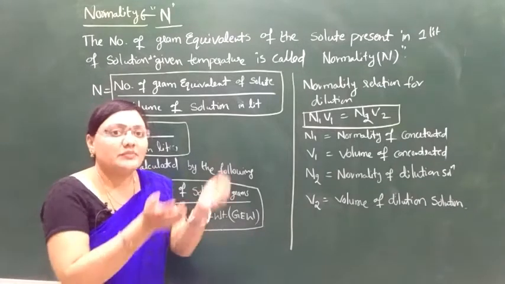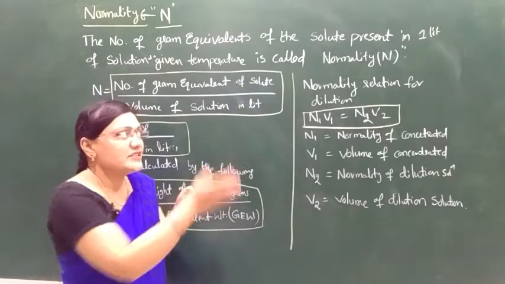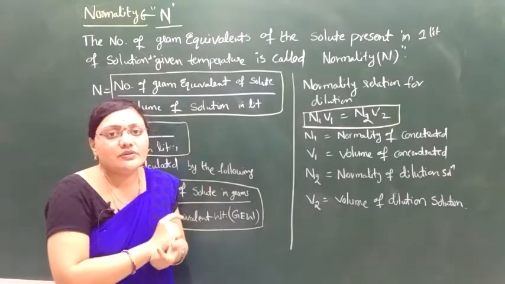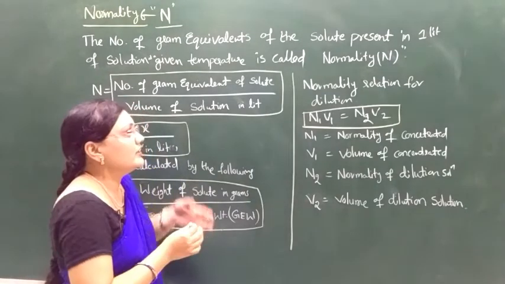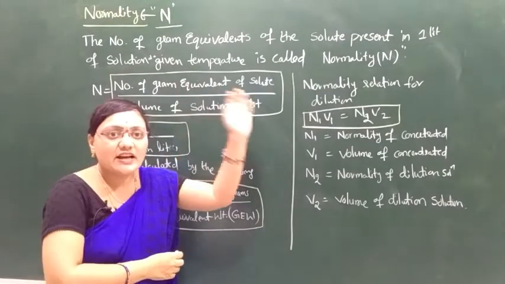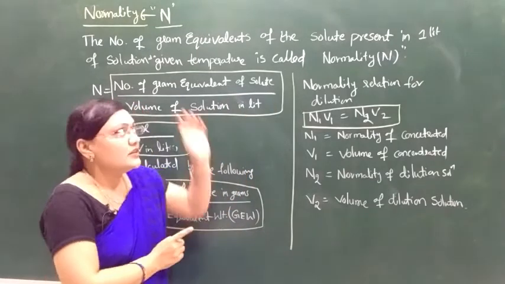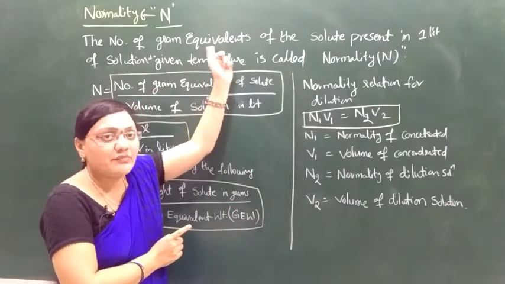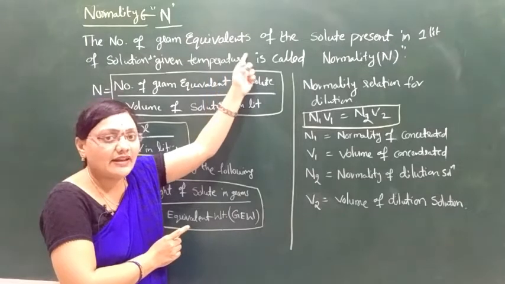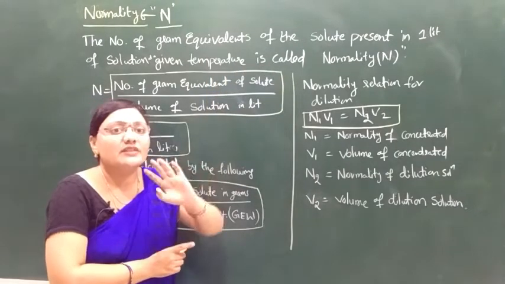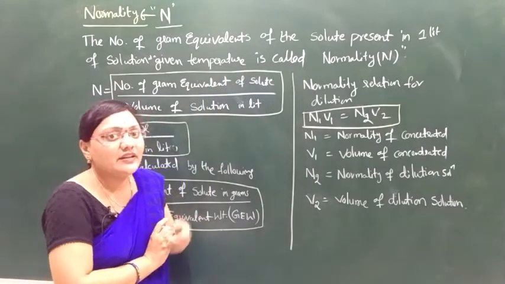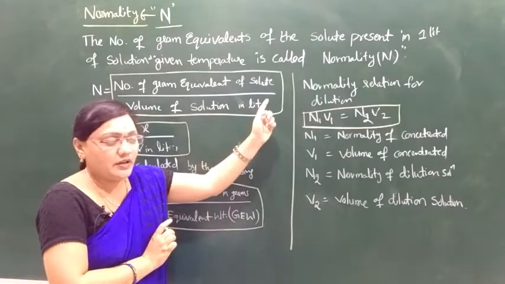Okay, this number of gram equivalent weights present in 1 liter of solution at a given temperature is called normality.